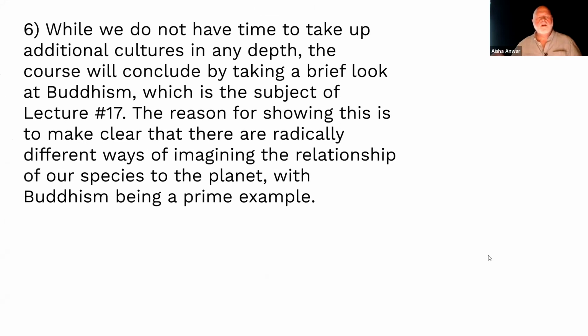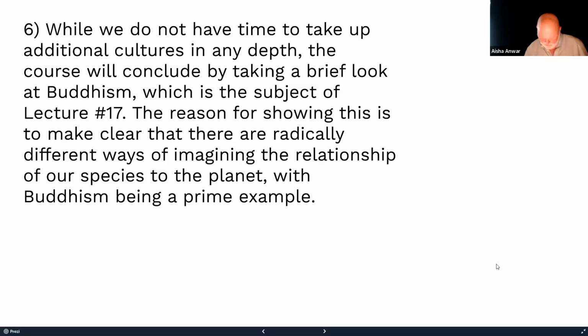But the ways that culture imagines our relationship to the planet, to ecosystems, and how we're connected is kind of startling. So I'm concluding that way, so you don't think that this is the only way to imagine our relationship to the planet. There are plenty of other ways of doing that, for sure. So let me jump to our next one.